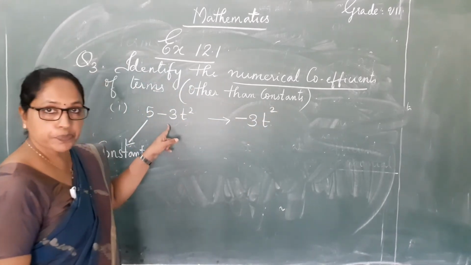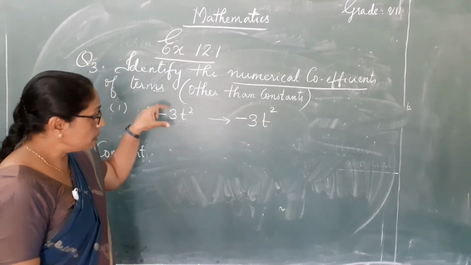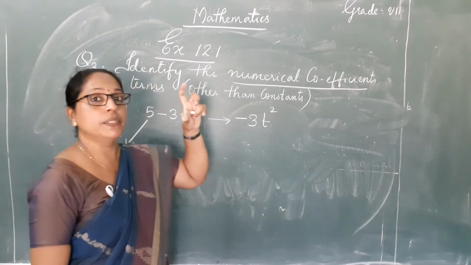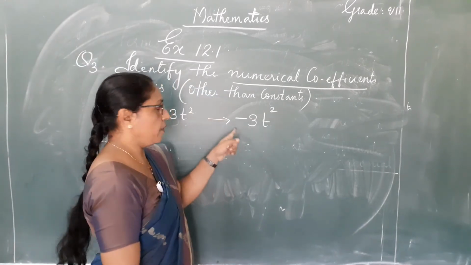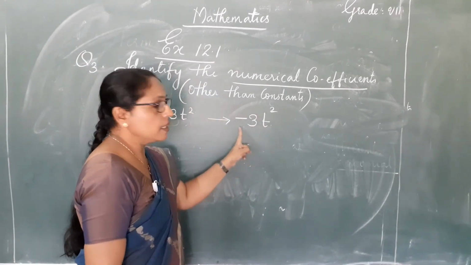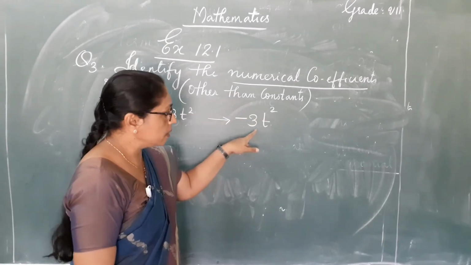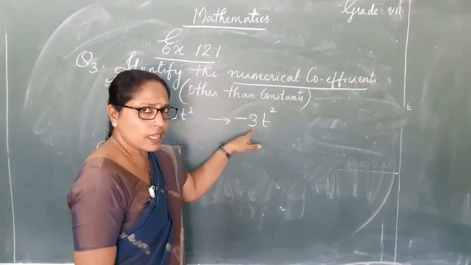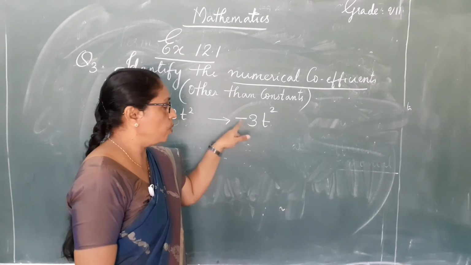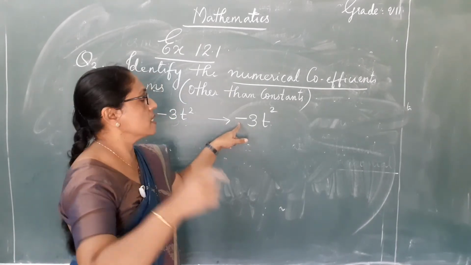This is the term. From this term you have to pick up the numerical coefficient. What is the number in this term? Is it 3? No. What is it? Minus 3.